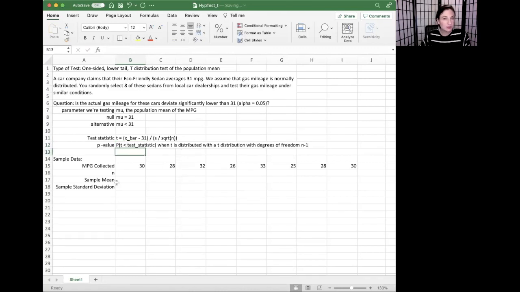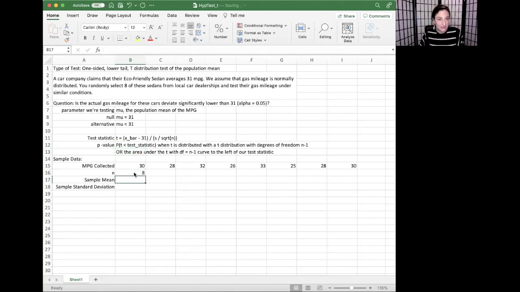T has a t distribution with degrees of freedom n minus 1. That is what we are given, right? Let's go ahead and rephrase that then, right? Or the area under the curve of the t distribution with degrees of freedom equals n minus 1 to the left of our test statistic. Right? These two are the same thing. We're asking for the same thing.